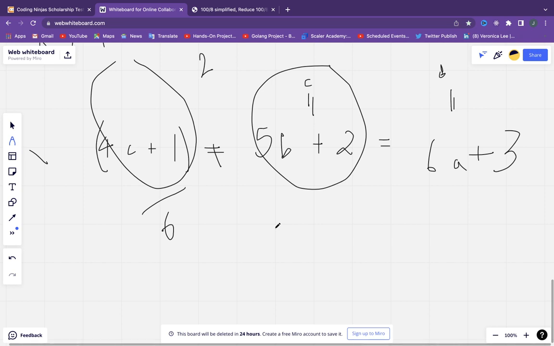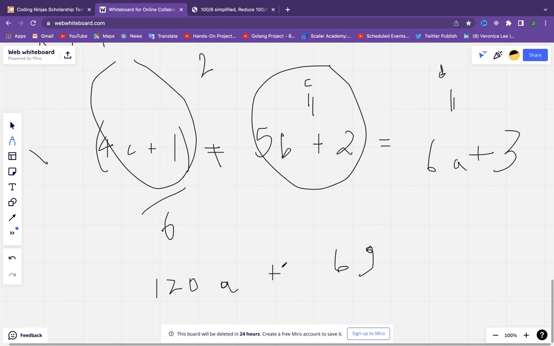So 30A, 30A plus 15 plus 2 would be 17. Okay, so that means 17 plus 38 will go here. So 120A plus 17 into 4 is equal to 68, and that will be 69.